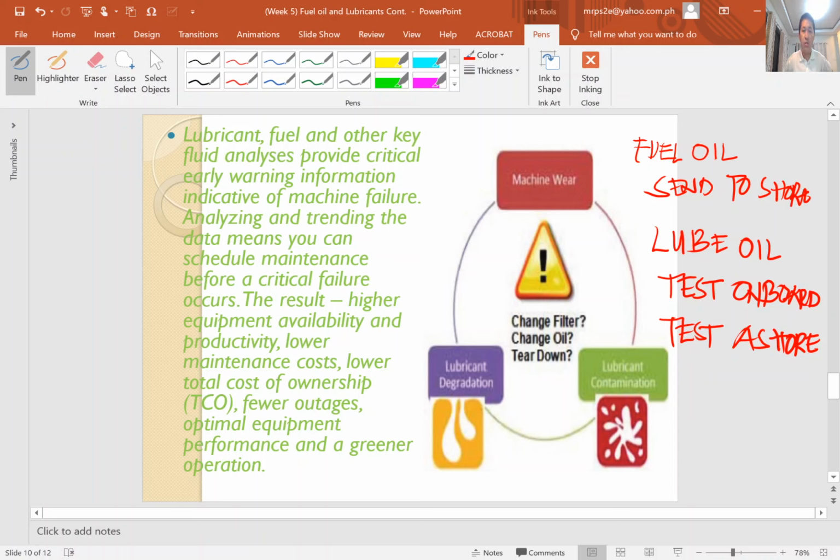So at that time you can check what is happening, why there is contamination, why the parts are worn out.